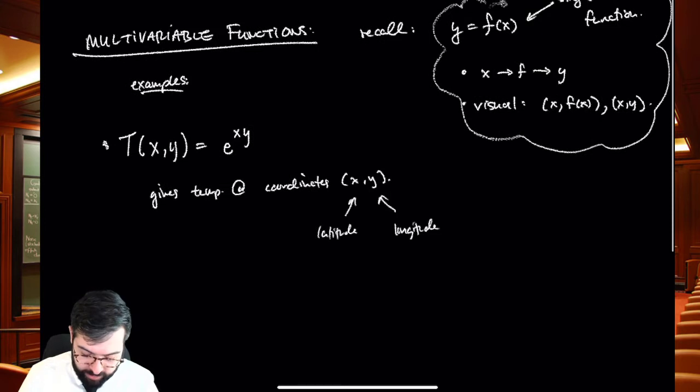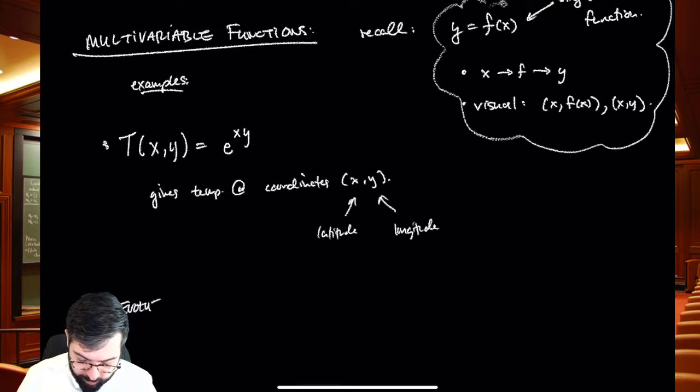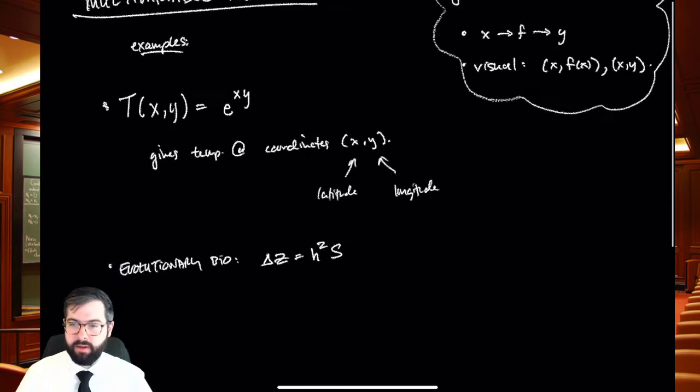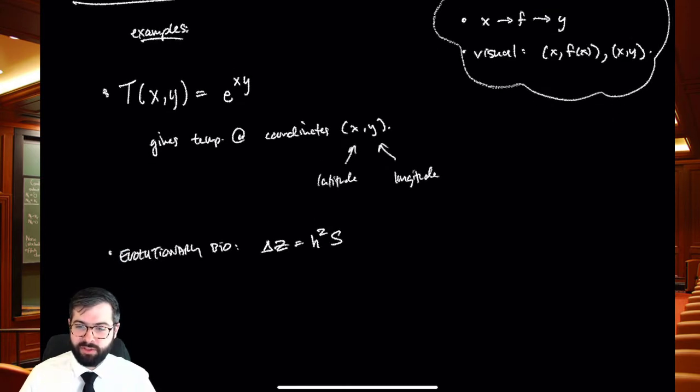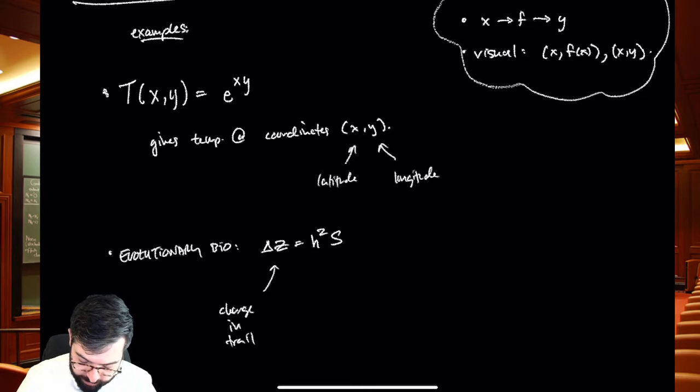There is a function from evolutionary biology which is simple and nice and easy enough to explain in 30 seconds in this course. This measures the change in a trait.